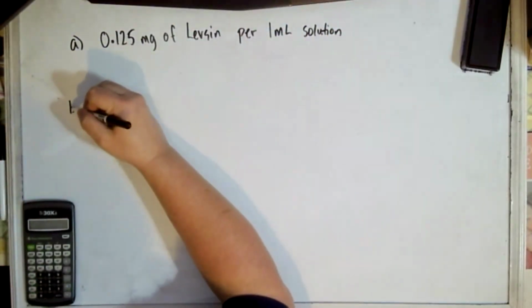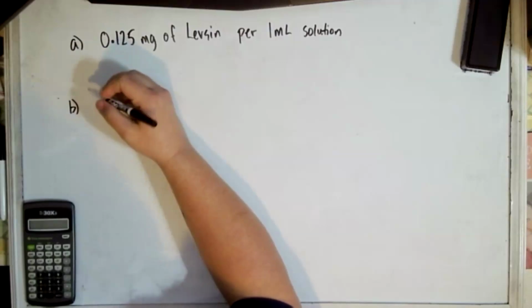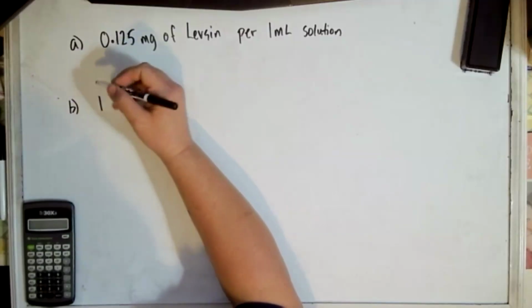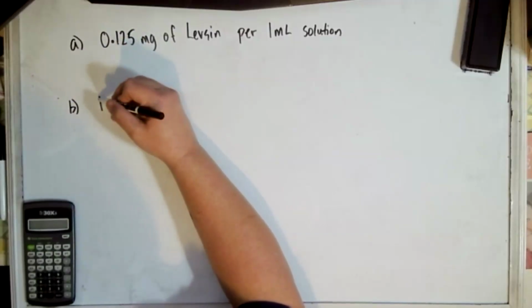The second statement they give us is the EPA has set the maximum level of cadmium in rice at 0.4 parts per million.